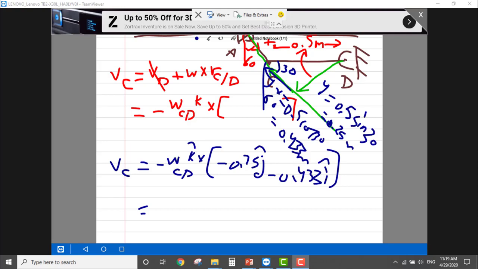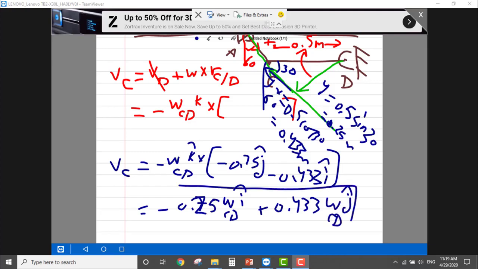Negative with negative positive, K cross product J is negative, so negative 0.25 omega CD in the I direction. Now negative with negative positive, K cross product I is positive J, so positive 0.433 omega CD J. I will name this equation as equation 2.